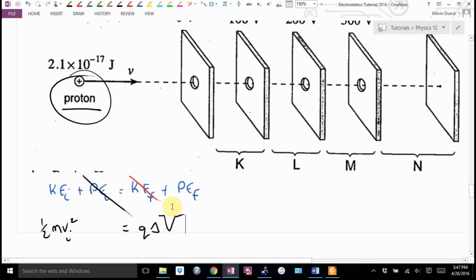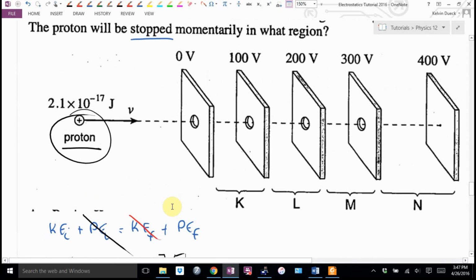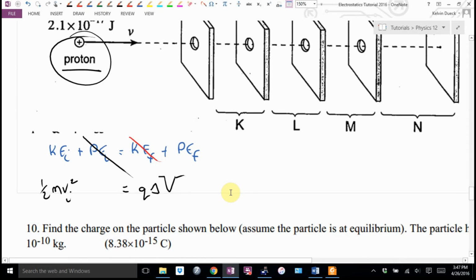I'm going to solve for the change in voltage. If I get, for example, 117, Mitchell, that would be region L. If I get 228, that would be region M. If I get 397, that would be region N. I'll get the V by itself. How? Divide by Q. No need to square root.